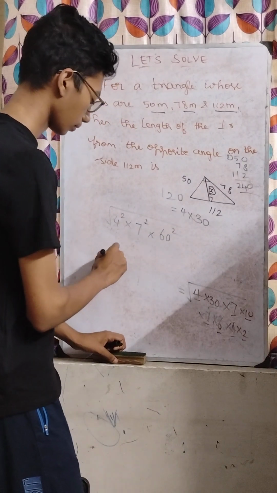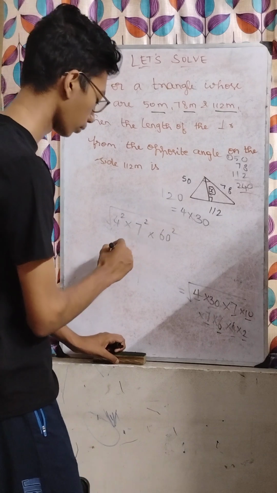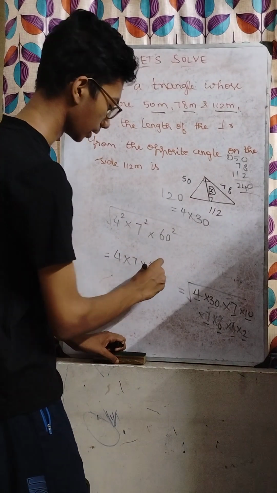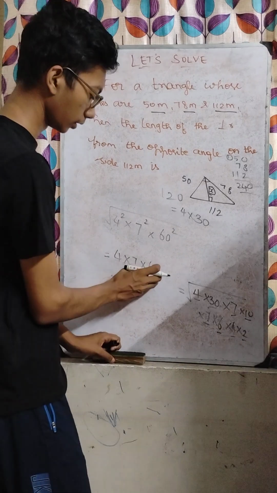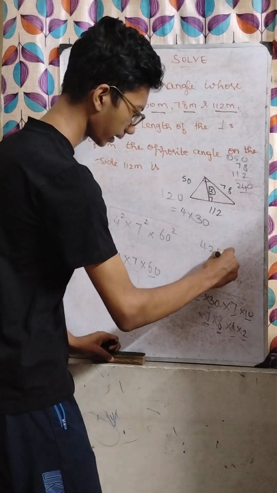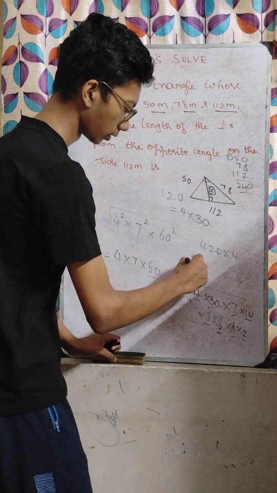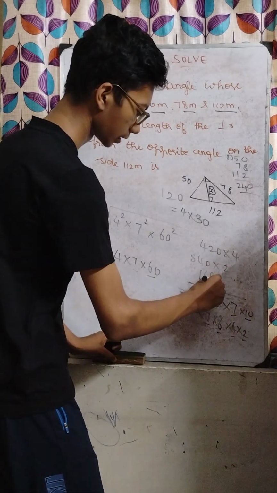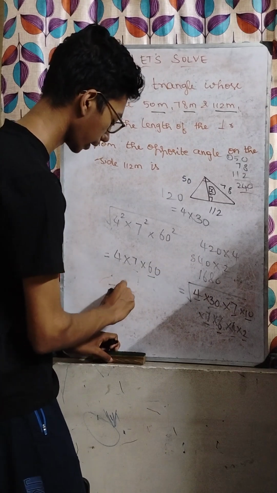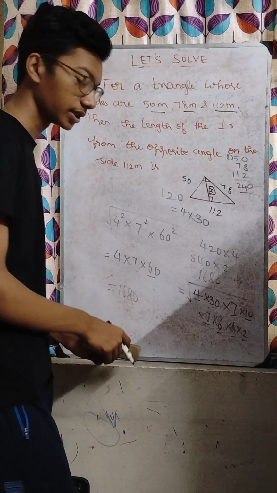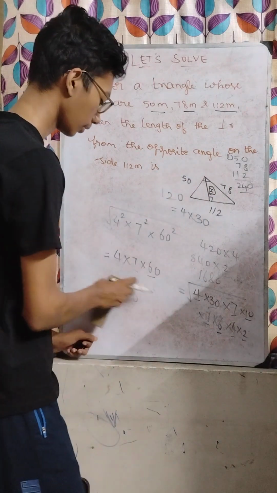From this we can just remove the square root and write 4 times 7 times 60. So 7 times 60 is 420, times 4 gives 1680. So 1680 is the area of this triangle.